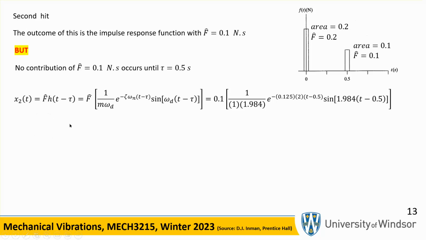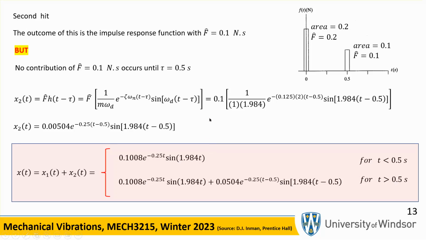So go back to the expression for impulse at tau, plug in your values, and you get this. So here's what happened. Before half a second, the only thing that comes into the picture is x1, because we haven't hit it yet.